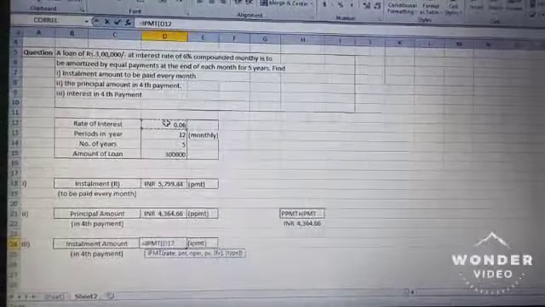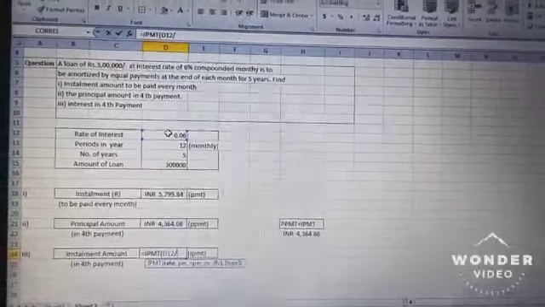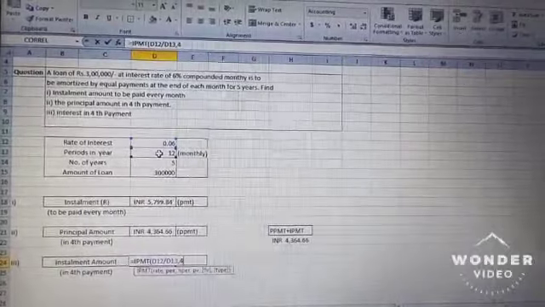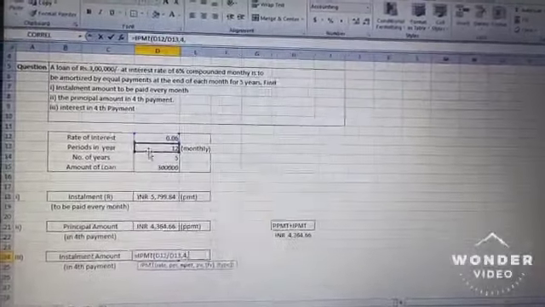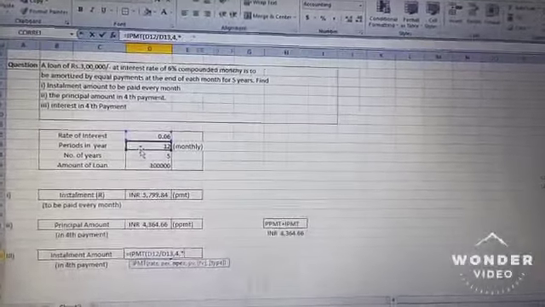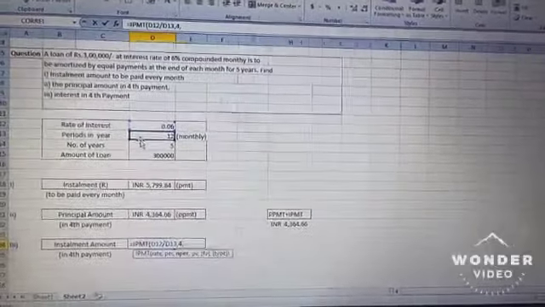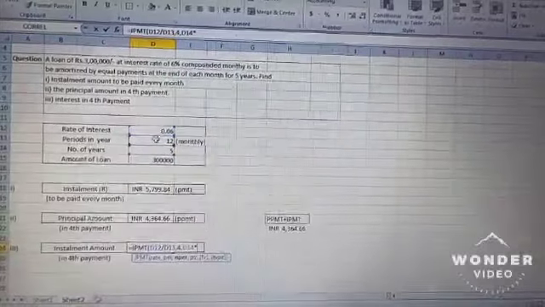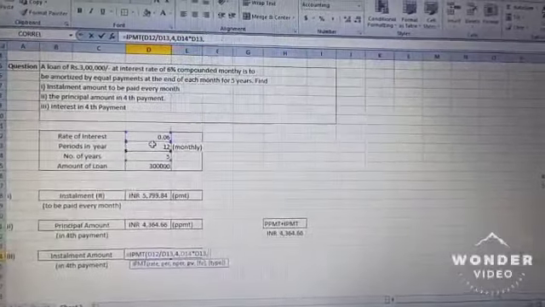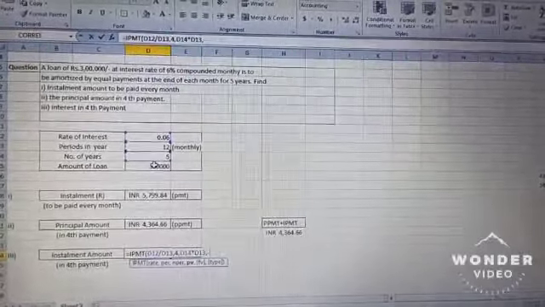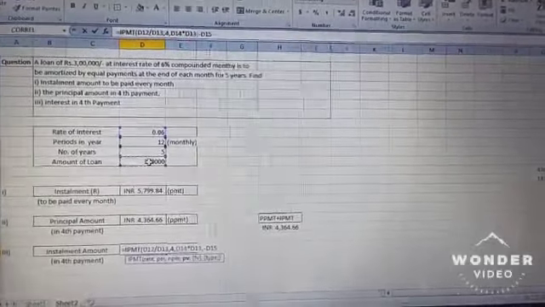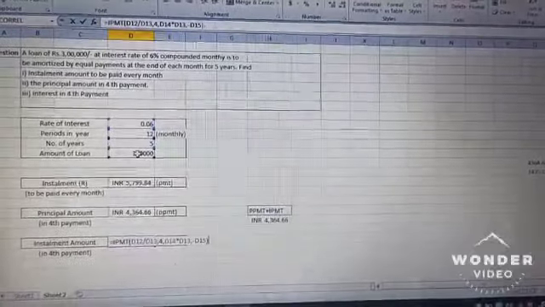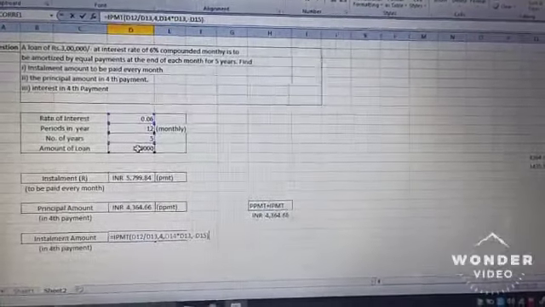Similarly, rate divided by number of periods, comma, this is also for the fourth payment, comma, 12 into 5, comma, minus 3 lakh. We'll just close it here because future value is 0 and it is end of each month.